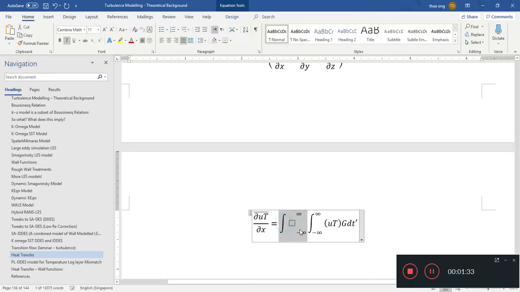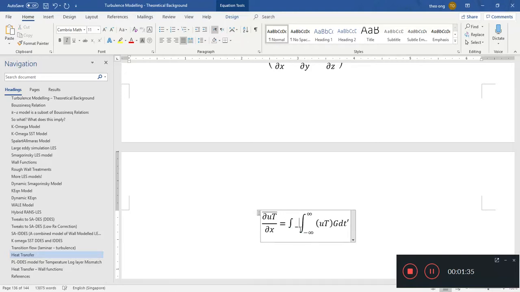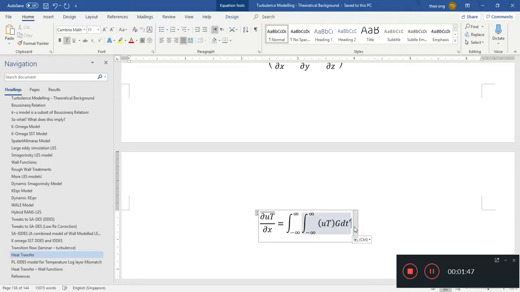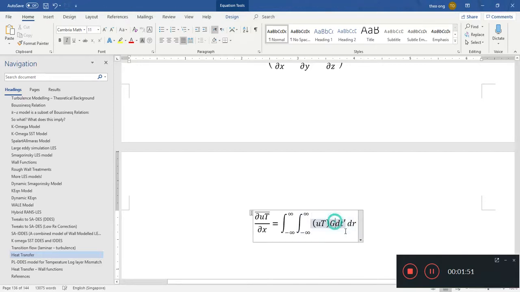This will be with respect to some space coordinate, we'll call it dr now.